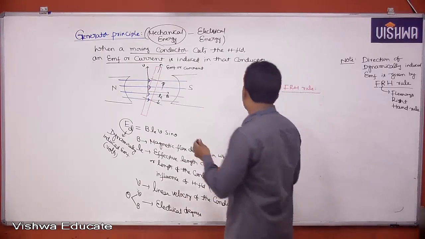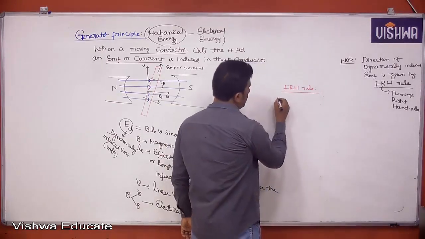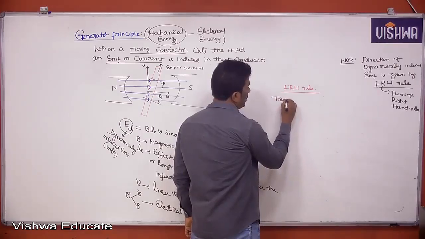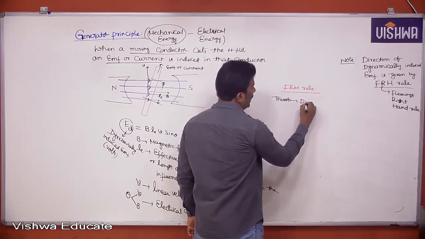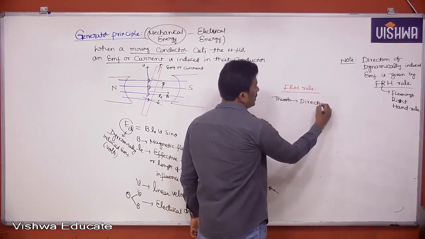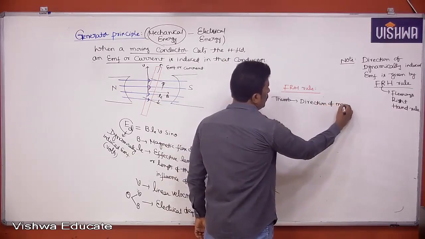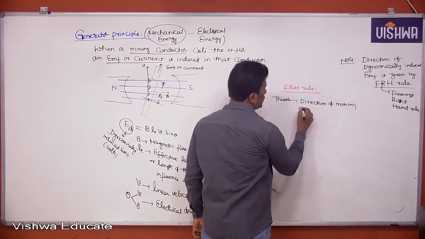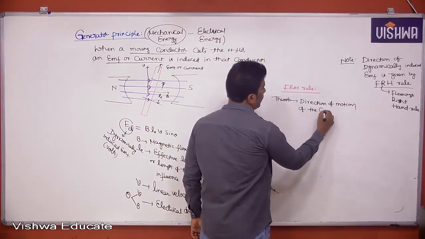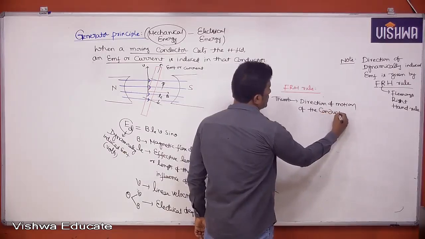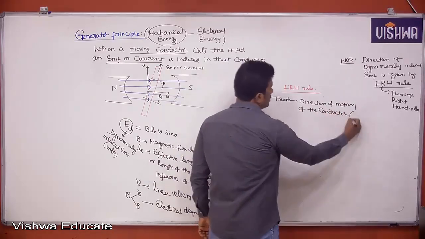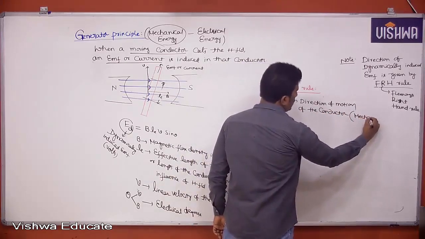So let me write here. In Fleming's right hand rule, the thumb indicates what? Direction of motion of the conductor. Indirectly, I can say that the thumb indicates mechanical energy.